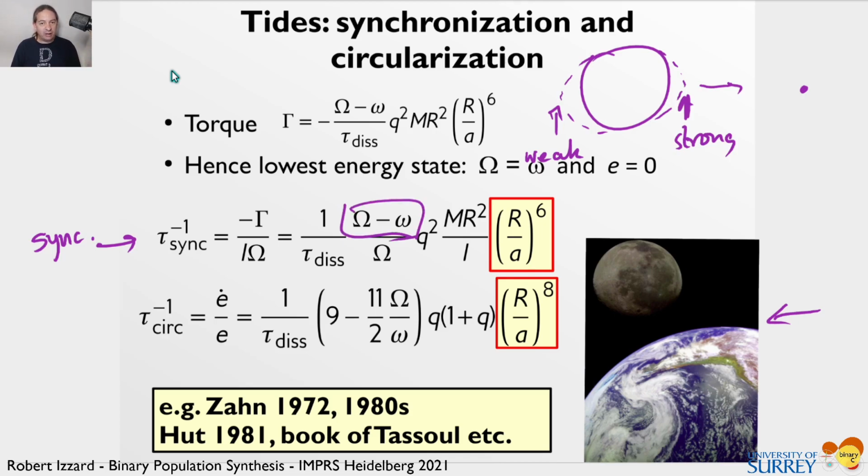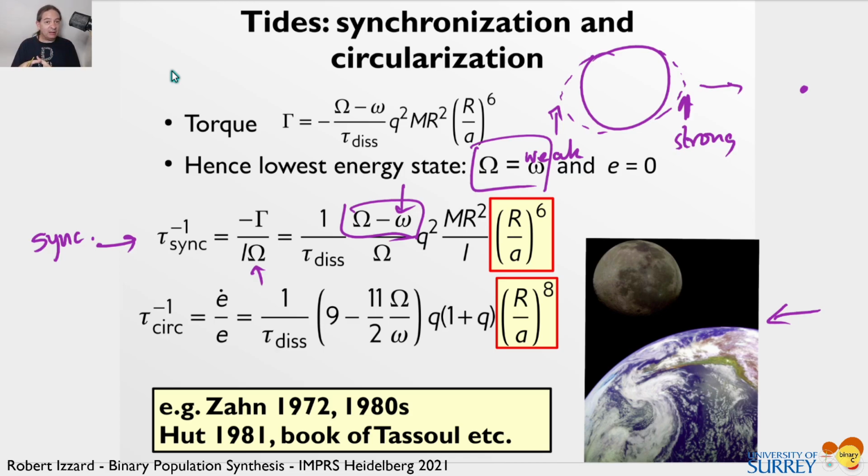Here, I think omega is the orbital and little omega is the, well, that can't be right. No, it must be the stellar, and this must be the orbital spin rate. It makes it easier to think that way. And the lowest energy state then has these two spins being identical. And of course, every system tends towards its lowest energy state.